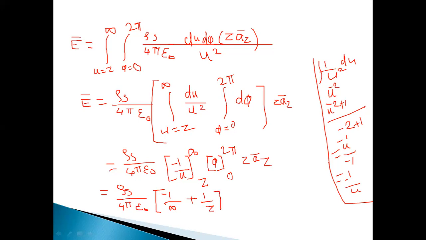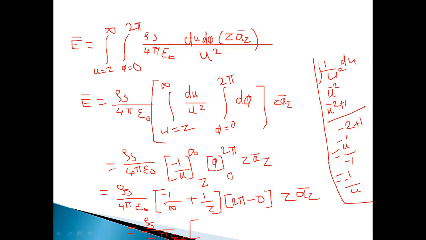Into 2 pi minus 0, into z into a bar z. Then it is equal to rho s divided by 4 pi epsilon 0 into bracket.